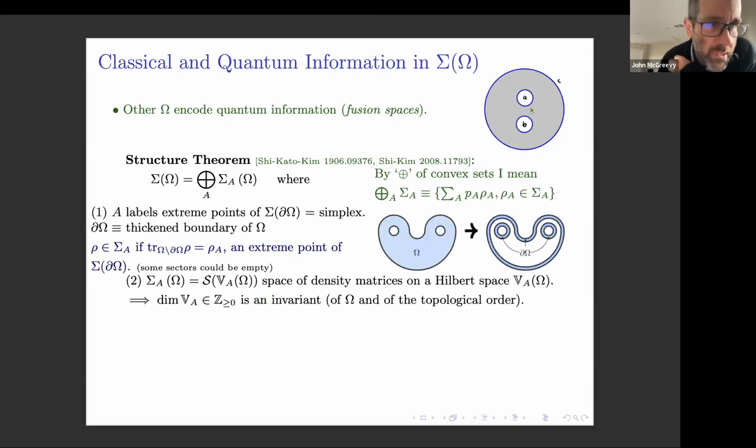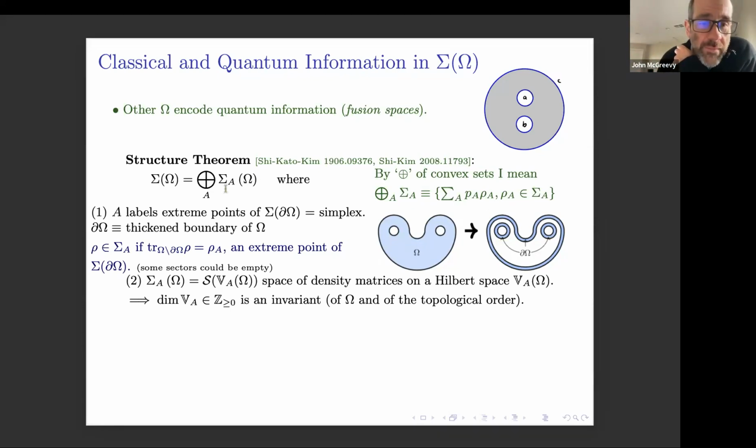And so more specifically, here's the structure theorem. The information convex set of an arbitrary region has the following structure. It's the convex hull, that's what I mean by this plus sign here, of a collection of convex sets, each of which is associated with a particular state of the thickened boundary of the region. By dΩ here, I mean the thickened boundary. In the case of this 2-hole disk, it's these 3 annuli, each of which is always sectorizable and therefore has some set of labels.